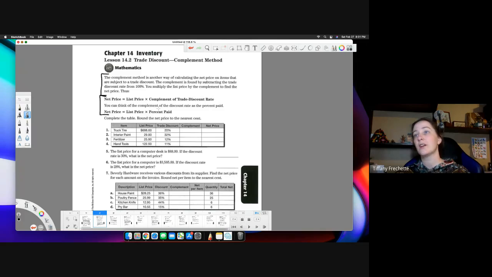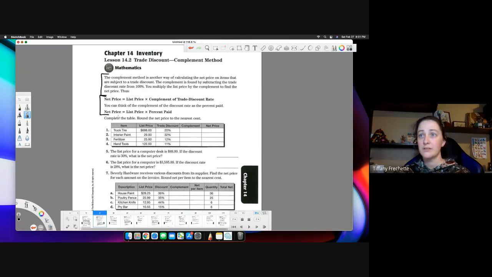And you can think of the complement of the trade discount rate as the percent paid. So the trade discount rate is the percent you get off. You get to take that amount off. The complement of that, when we subtract it from 100%, is the percentage you are going to pay. So net price equals the list price times the percent paid.